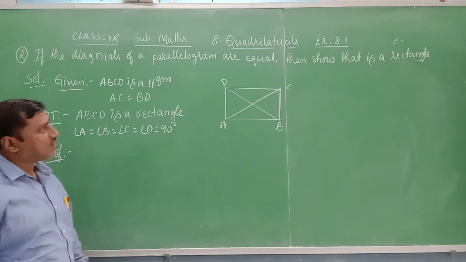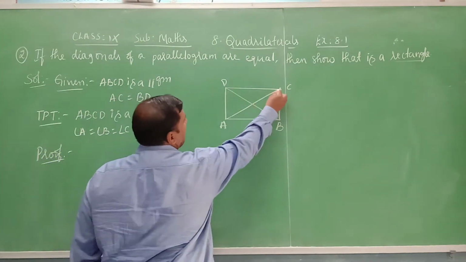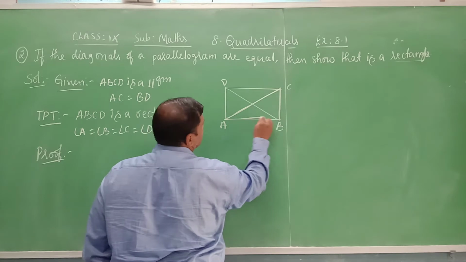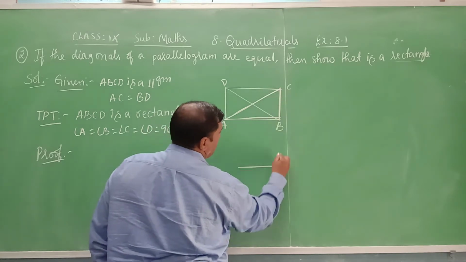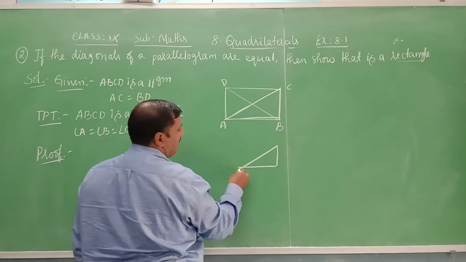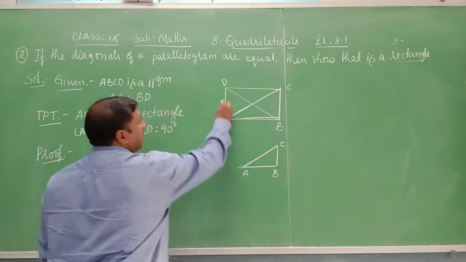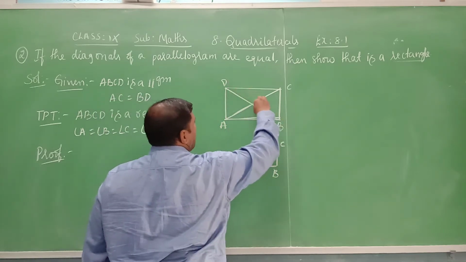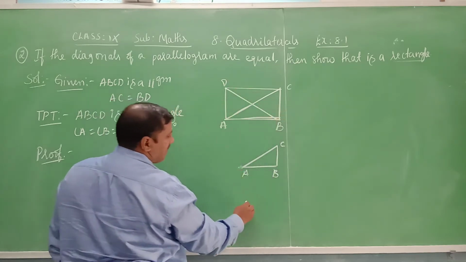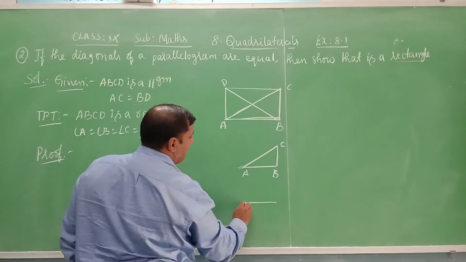So consider two triangles, that is triangle ABC. Here I am drawing the triangle, A, B and C. And consider the second triangle, two adjacent triangles, that is triangle ADB, or BAD.